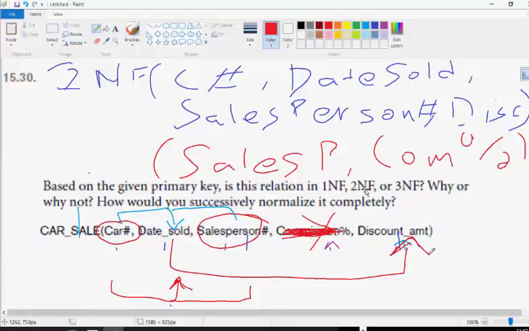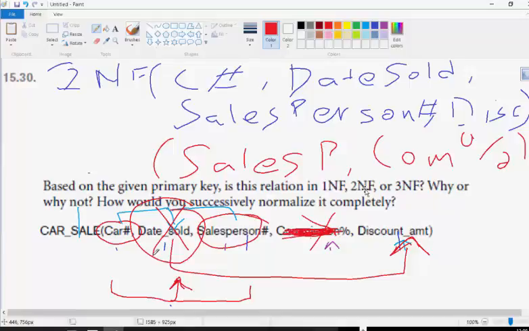Alright, so I have this table, that's the second normal form. Is it in third normal form? If I have these two, date sold, discount, car number, salesperson, date sold, am I in third normal form right now? Why? Right, there's transitivity because of date sold.